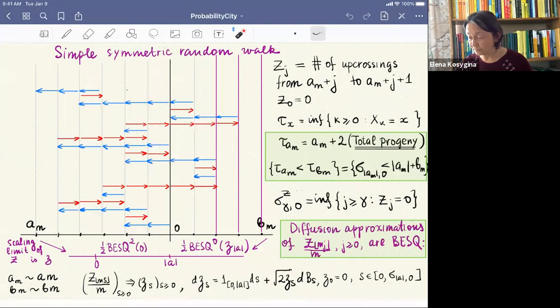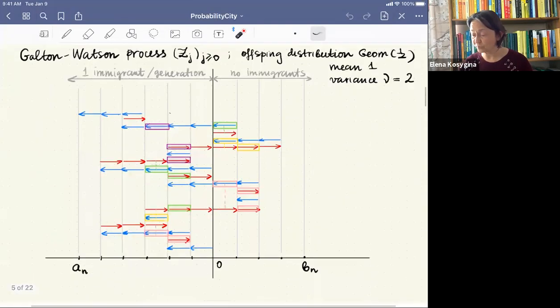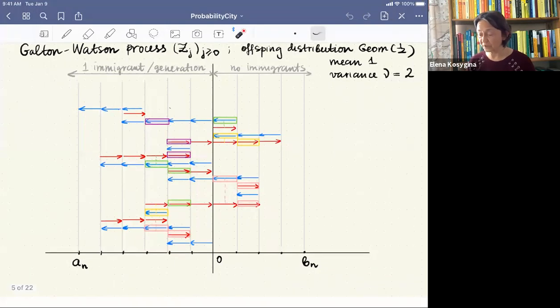So again, if you have not seen the connection, to explain it, I'll just put a picture here. Suppose I'm here, looking at this point, and since I'm looking at the first time of hitting -m, the number of up crossings is 1 less than the number of down crossings. And I will look at all possible down crossings at this level. This is generation, whatever, 0, 1, 2, 3.